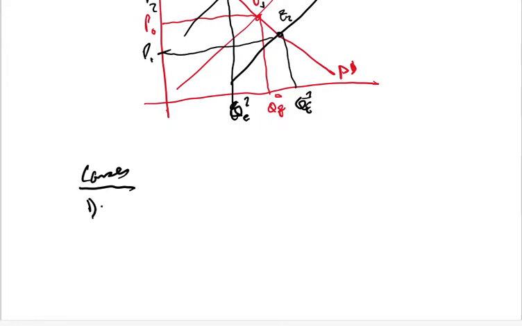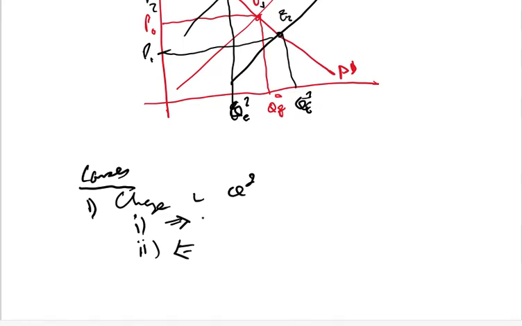So the first cause are the changes in quantity demand. If demand changes suddenly, then the equilibrium condition will change. So here the changes can be broken down into rightward shifts and leftward shifts, and we know what can cause them.